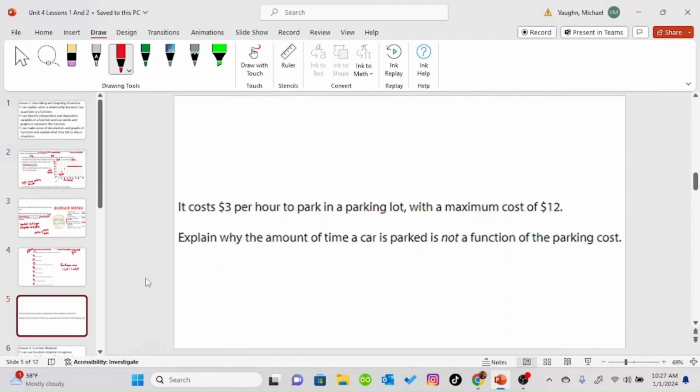Number 4. It costs $3 per hour to park in a parking lot, with a maximum cost of $12. Explain why the amount of time a car is parked is not a function of the parking cost. So remember, when we see the words "a function of," what comes before it, the amount of time a car is parked, is the dependent.